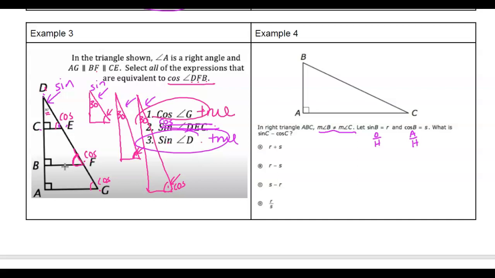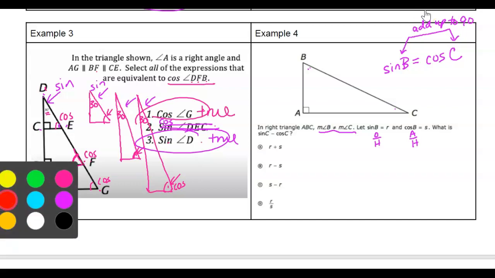So if I know that the sine of B is R, so remember, the sine of B, that's going to be equal to the cosine of C, right? And what I know is that these two numbers have to add up to 90. So add up to 90, right? Stay with me. I'm going to help think you through this problem.